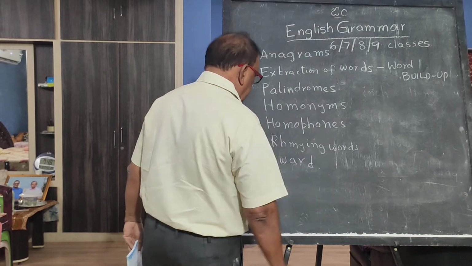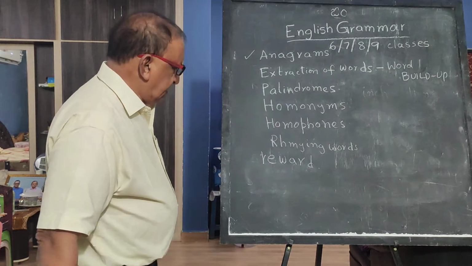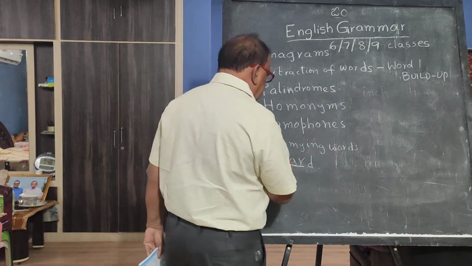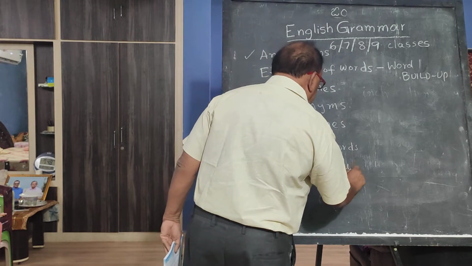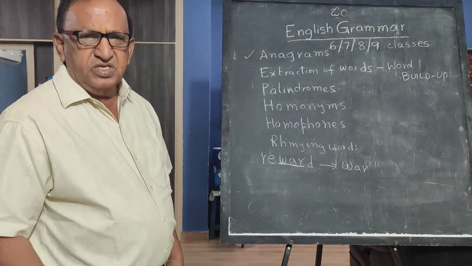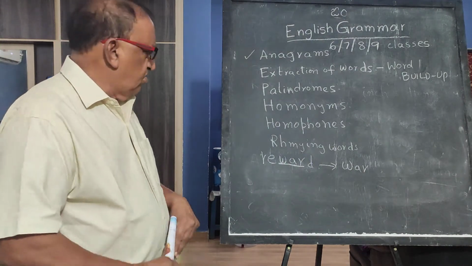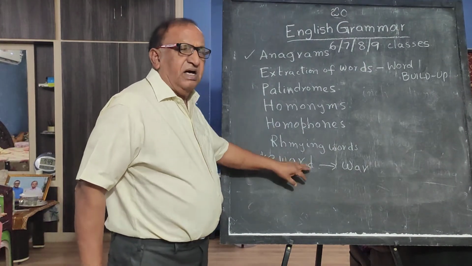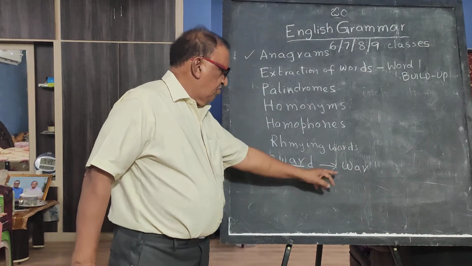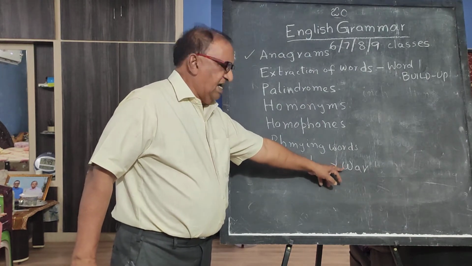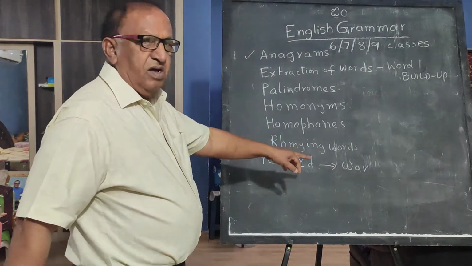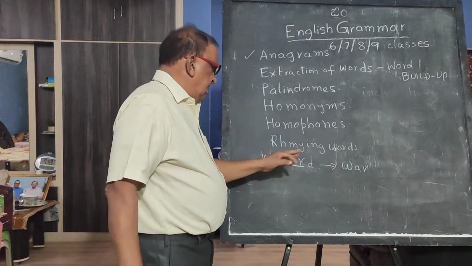You can see from here, I can consider only these 3 letters. So from this, we will get a word like war. See, these 2 words are entirely different. You are taking some letters in the given word, putting them in order and writing them to make a word. So here, reward and war.